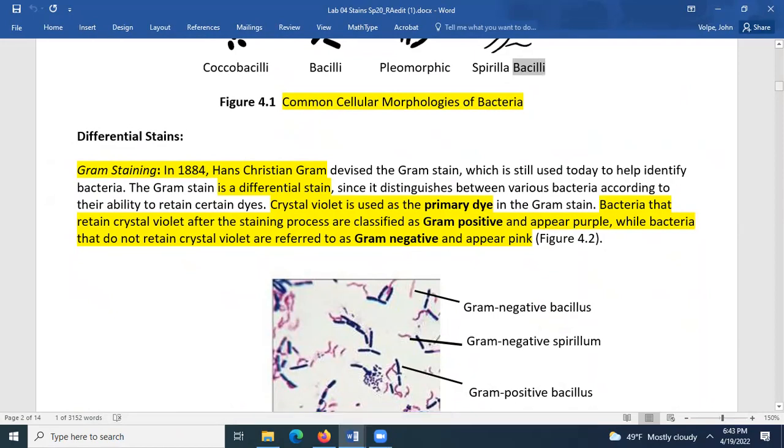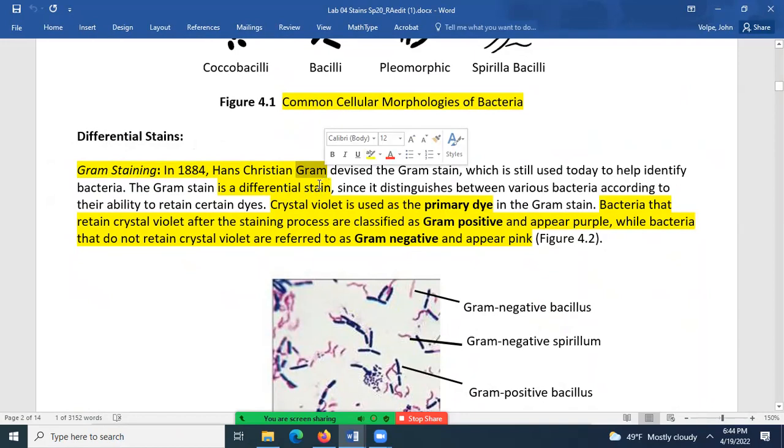If they're different and the differential stain can differentiate them, they'll take a different color. The Gram stain is a differential stain and it was invented in 1884 by Hans Christian Gram. So whenever you write the Gram stain, it should be with a capital G because it's named after Dr. Gram.